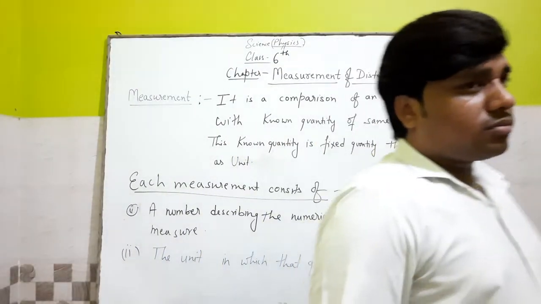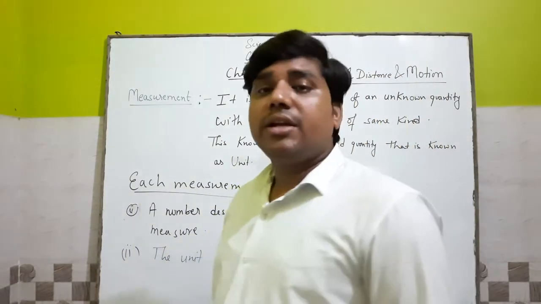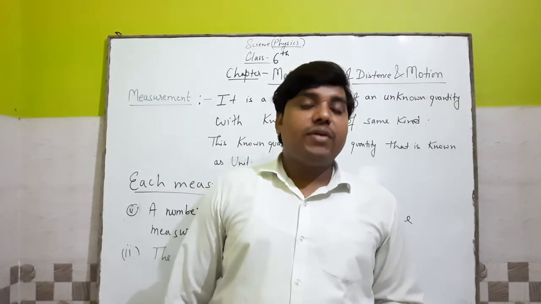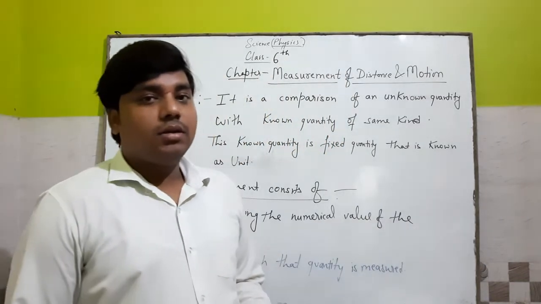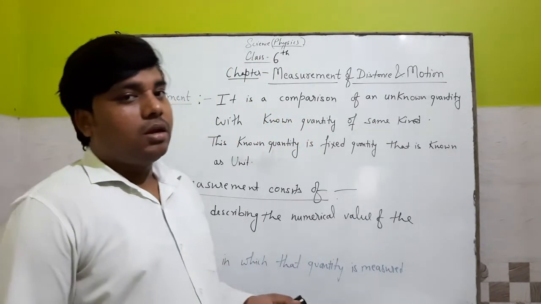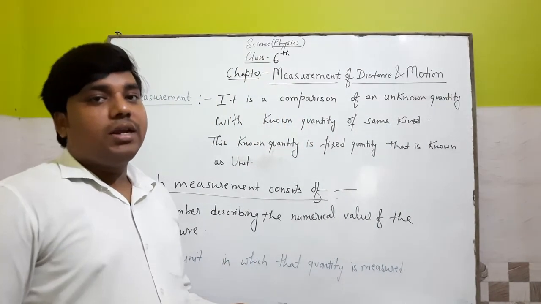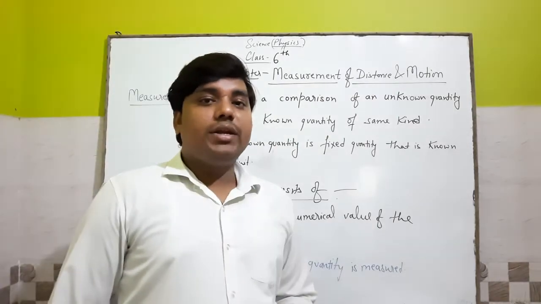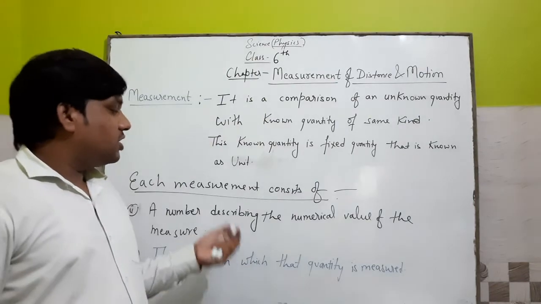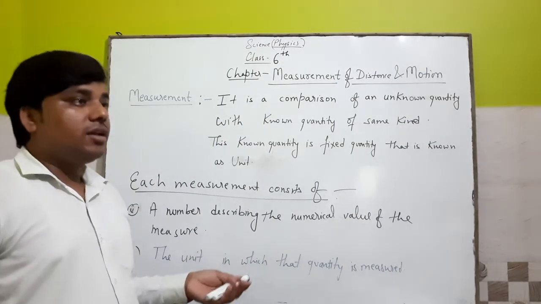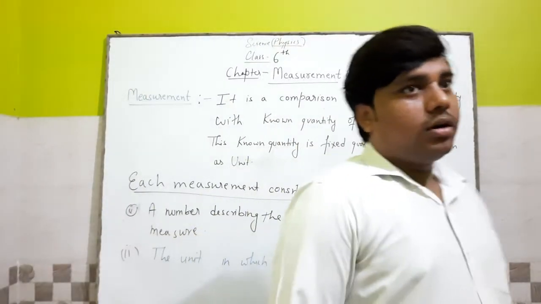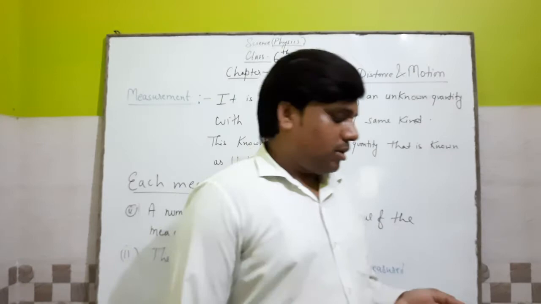But you know that in ancient times there was no perfect or single unit. So in that condition, every country had its own unit and every person measured the distance or dimension of any object with their own unit, and that is what?